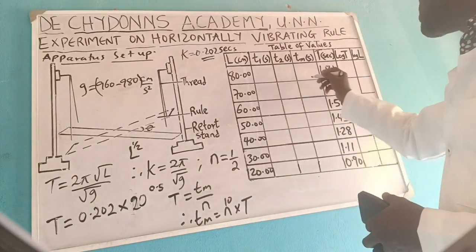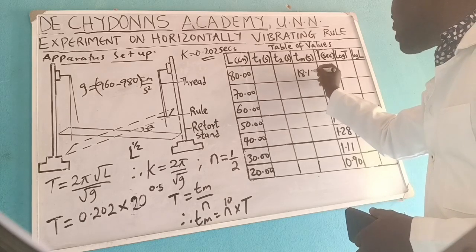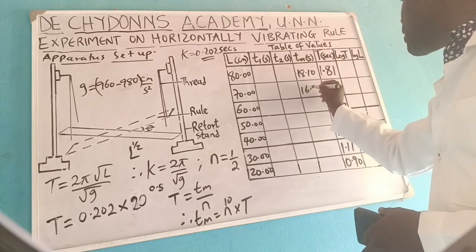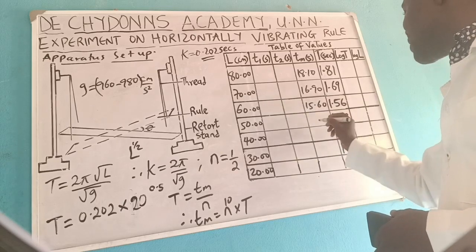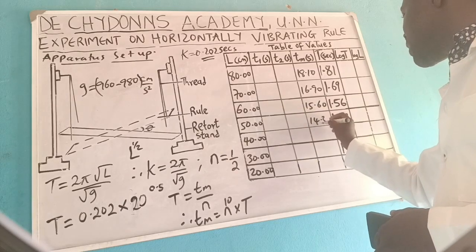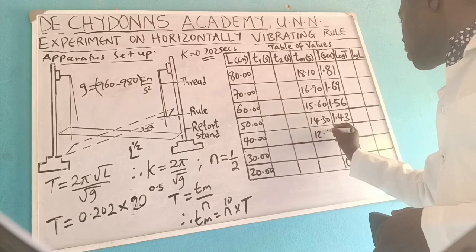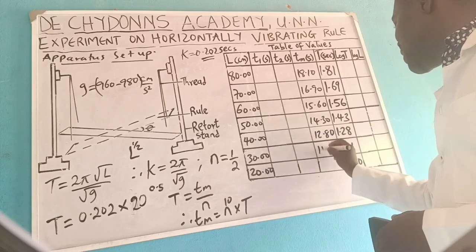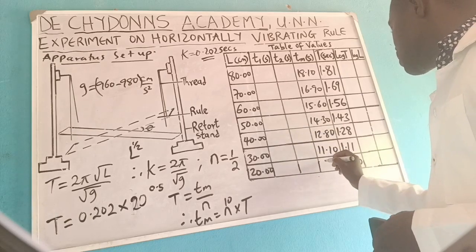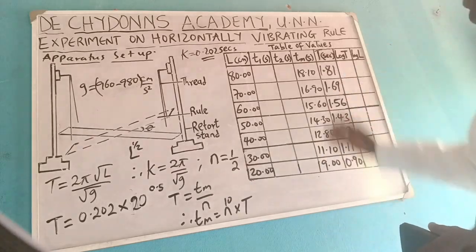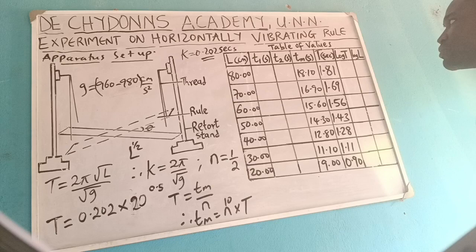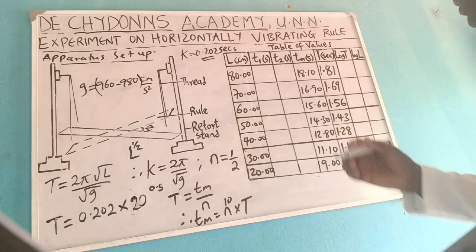So 10 times this will give me 18.10, 16.90, 15.60. 10 times this, 14.30, 12.80. 10 times this, 11.10, 9.00. We have gotten the mean time of the oscillation.